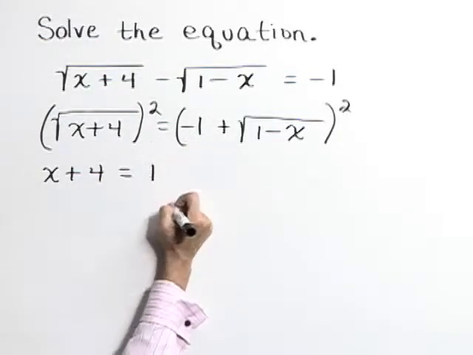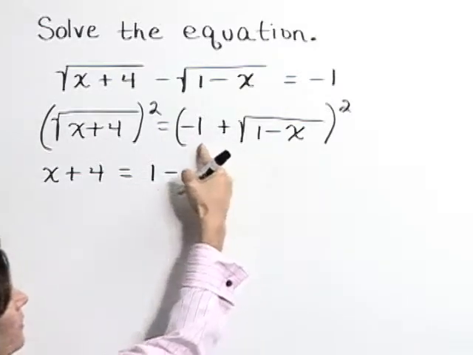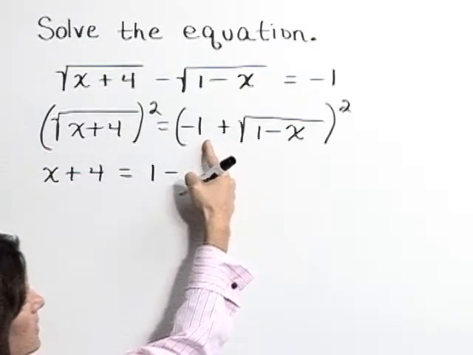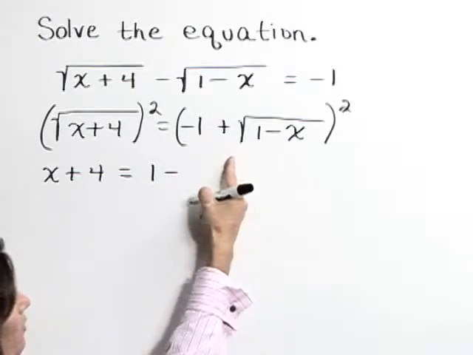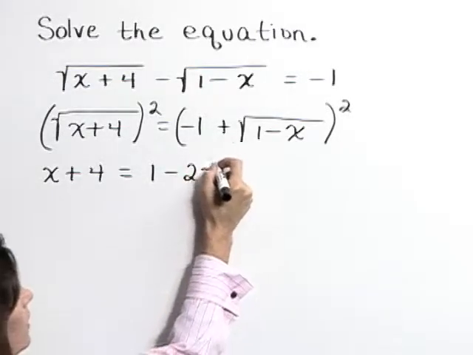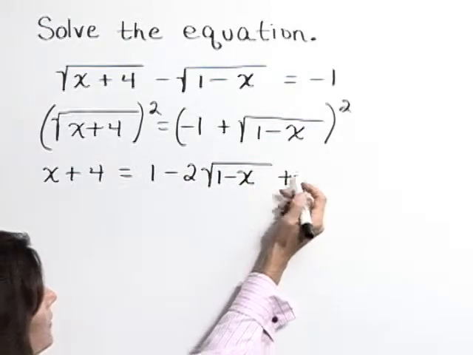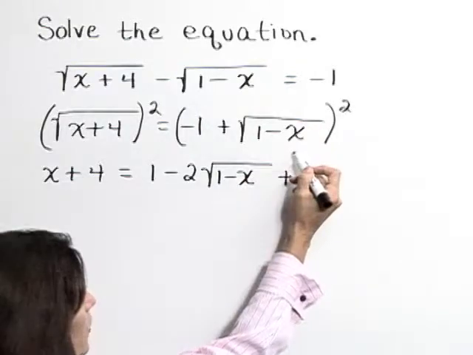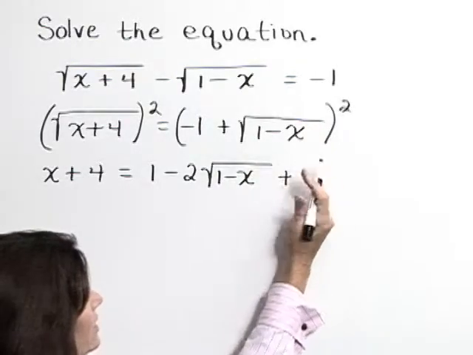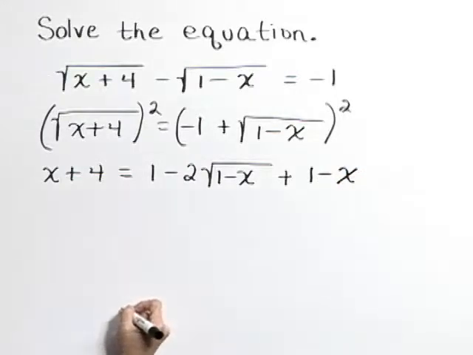Negative 1 squared is 1, minus 2 times our inner and outer product, negative 1 times the square root of 1 minus x. So that twice is a negative 2 times the square root of 1 minus x, plus this last value squared. And the square root of 1 minus x, quantity squared, is 1 minus x.